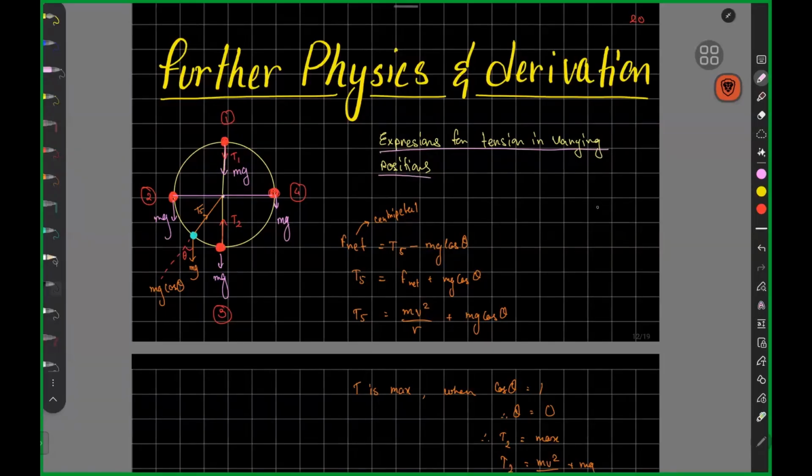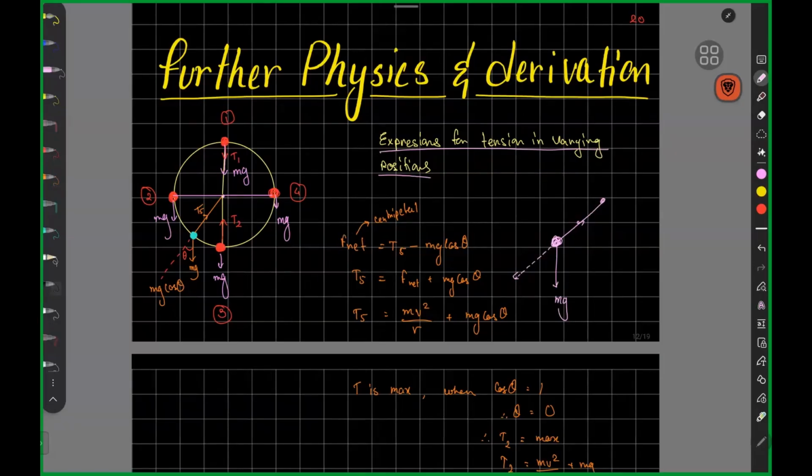Why? Because if this is my center, this is my string, this is my object, the mg acts downward. But what I really need to find out over here is what is the net force towards the center? That is F net, right?